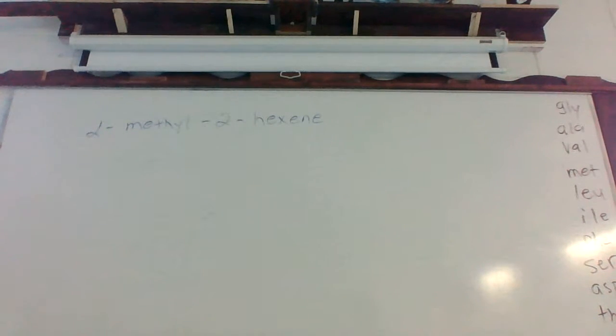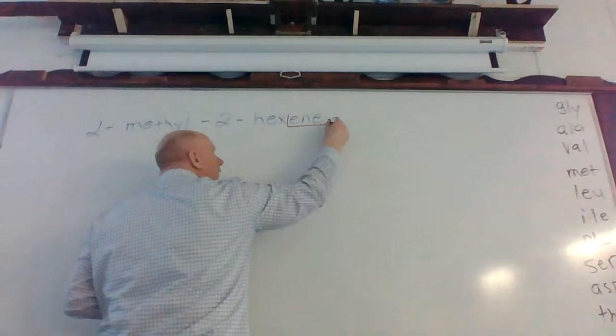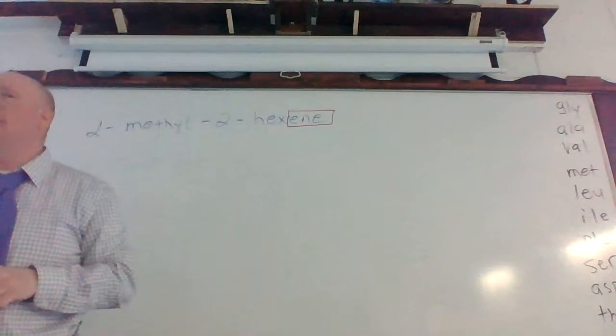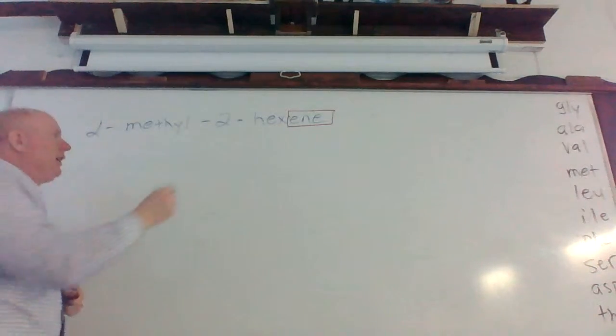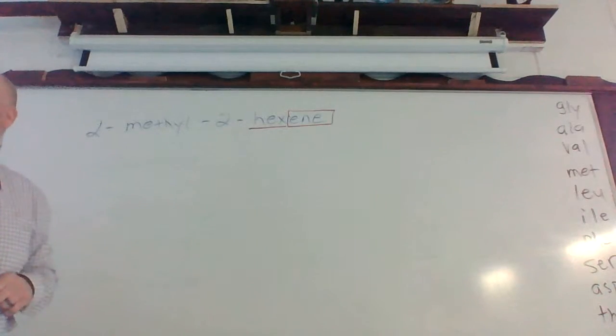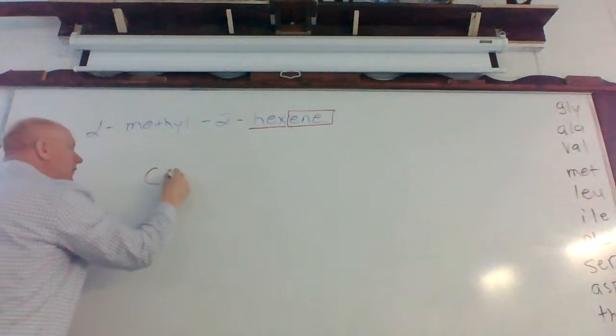Okay, we want you to reverse engineer this, okay? And what that means, okay, let's work right to left. So this is telling you the organic family. So somewhere there is a what? Double bond. This is telling you something very specific too, and that is what? It's a prefix.